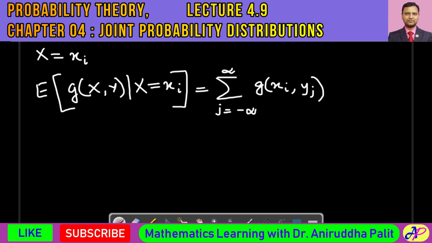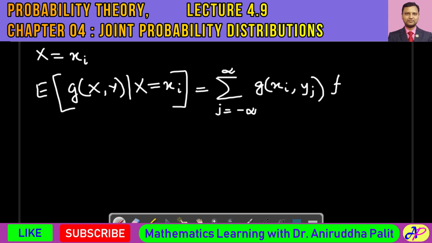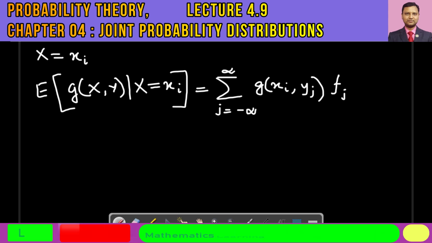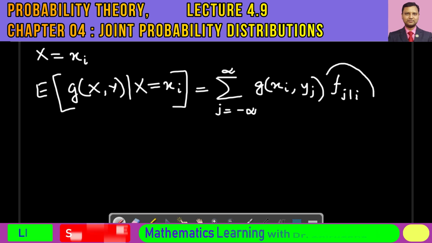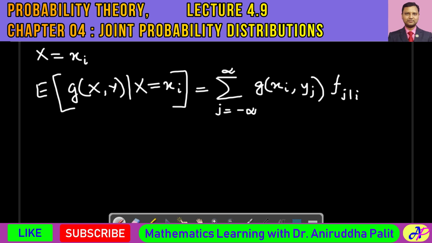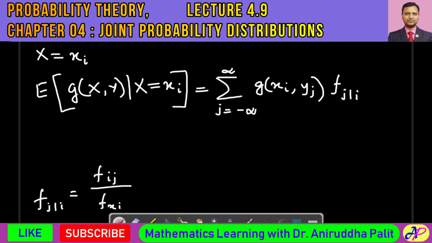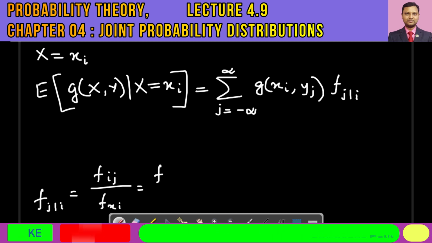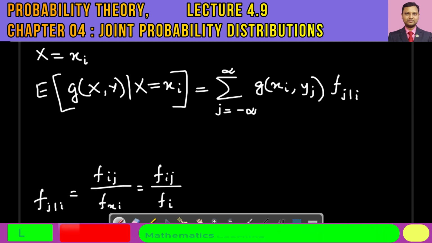This should be multiplied by the mass function of the conditional distribution of Y, which is written as f(j|i). And we know that this f(j|i) can be written as fij divided by f(xi), or in this way, fij divided by f(i dot).